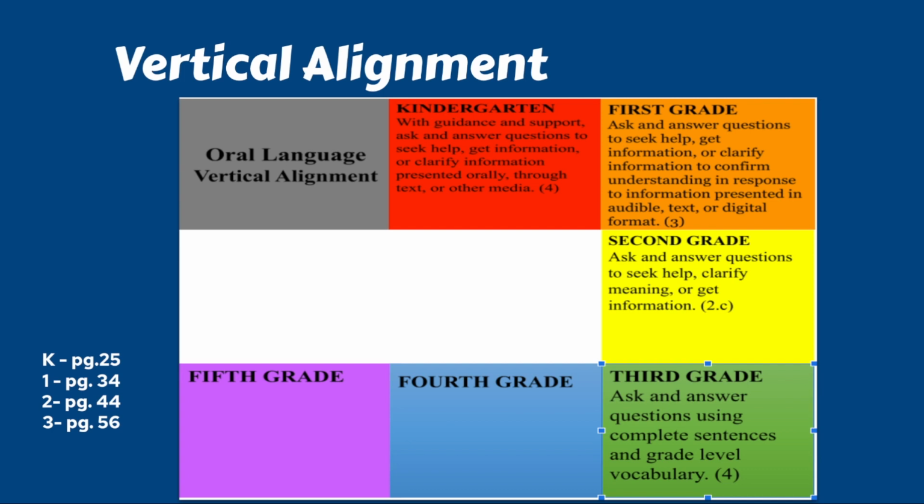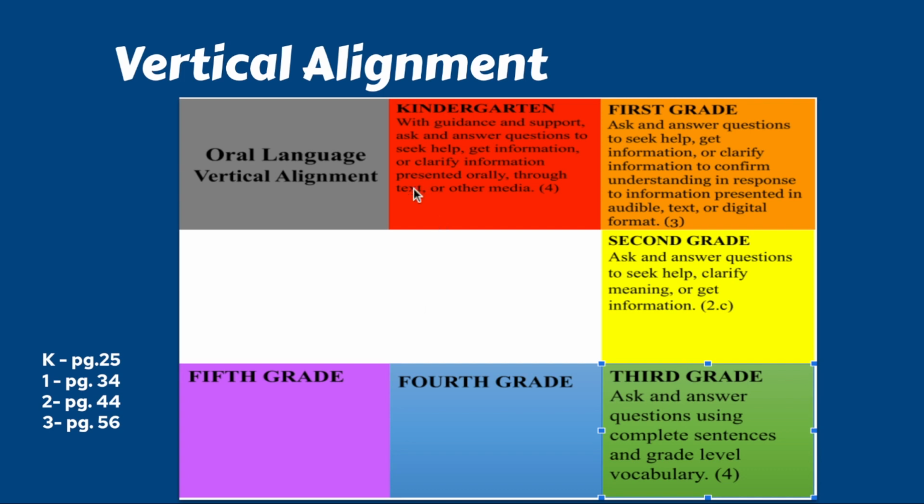In looking at the standards for each grade level, you'll notice the standards outline what students should know and be able to do at the end of each grade level. Categories will change from one grade level to the next as students become more proficient in mastering foundational skills throughout the grade levels.